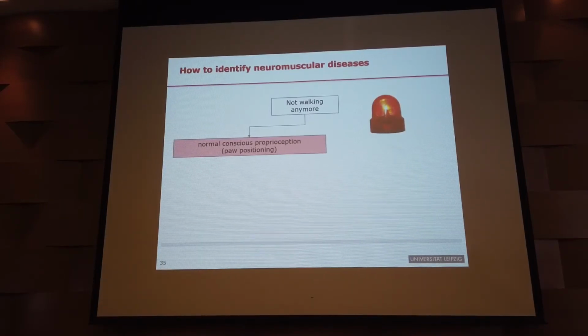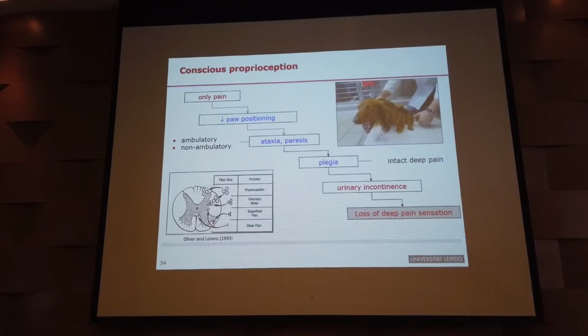Why? Going back to that image. If your spinal cord disease comes to the point that the patient cannot walk anymore, you should have lost your paw positioning before. So if you're already here, you cannot walk anymore, this function must have been lost.